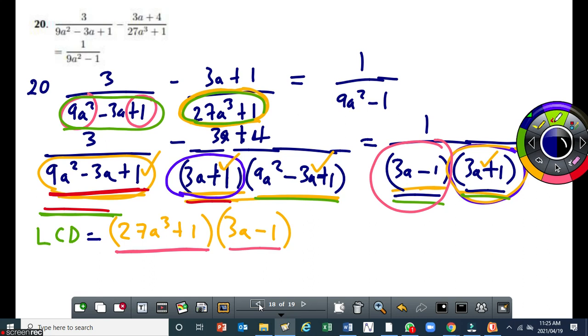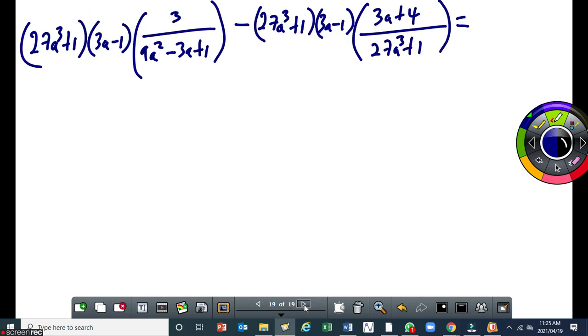So I'm going to carry on there. It will be 27a cubed plus 1 times 3a minus 1, multiplying 1 over 9a squared minus 1.